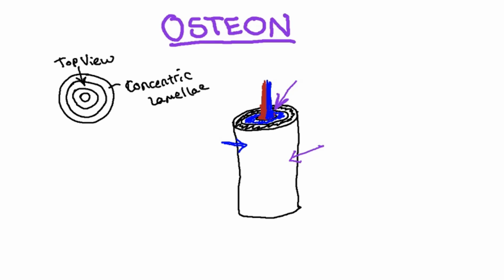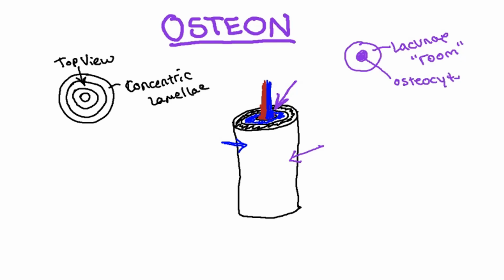Now this is not to be confused with the room that the osteocyte lives in. Remember we talked about the lacuna, which is like a room, and within that lacuna, the osteocyte, the bone cell, lives. This is a completely different hole.